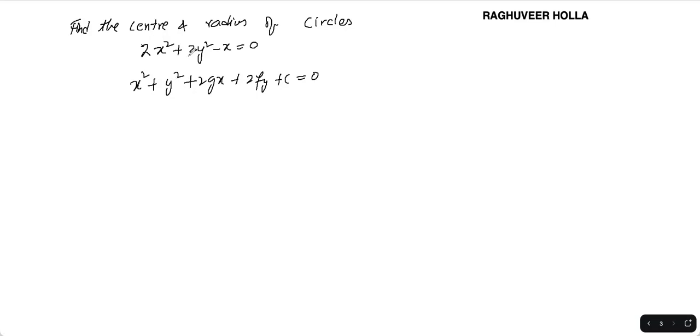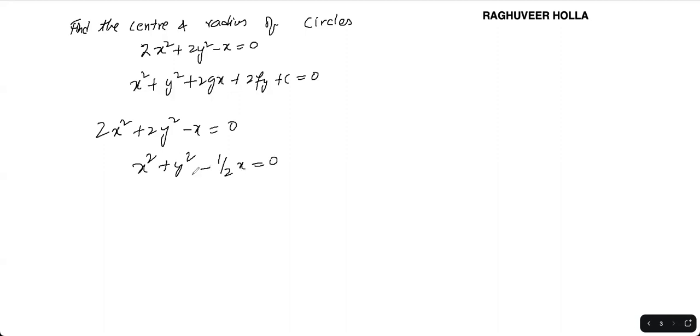Here the y term is missing, that is 2fy, and the constant is missing. So let us divide the whole equation by 2. So we get x square plus y square minus 1 by 2 x is equal to 0.